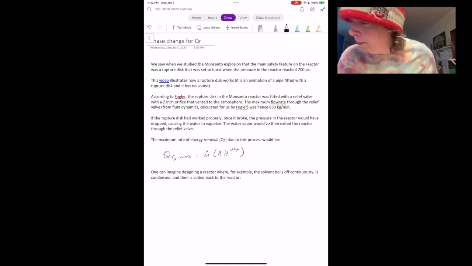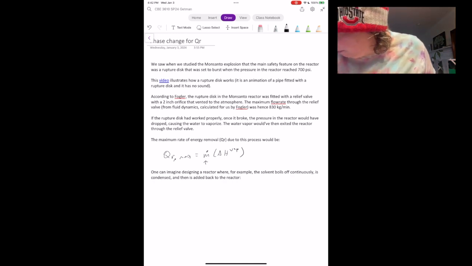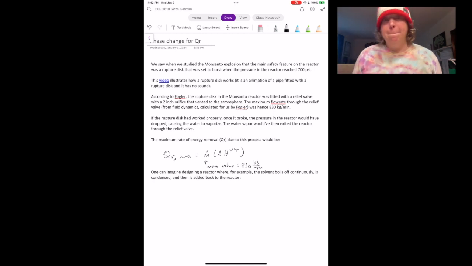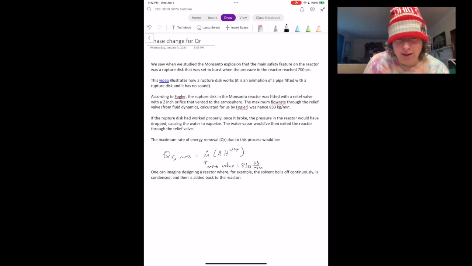So if this max value is 830 kilograms per minute, we can get a large flow rate, and then we can look up the heat of vaporization of water.